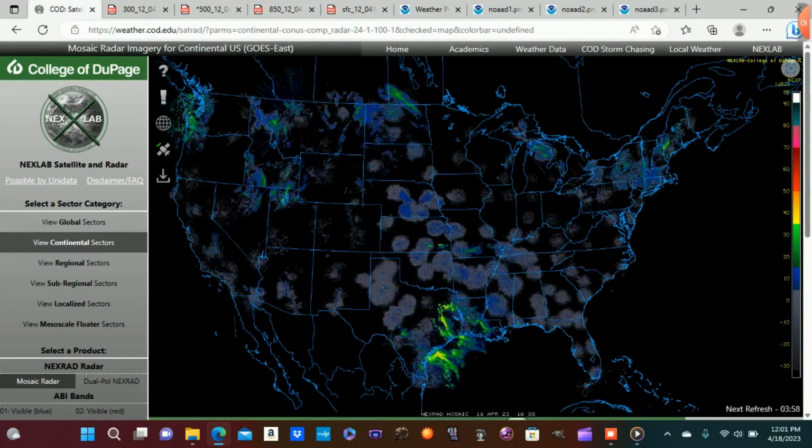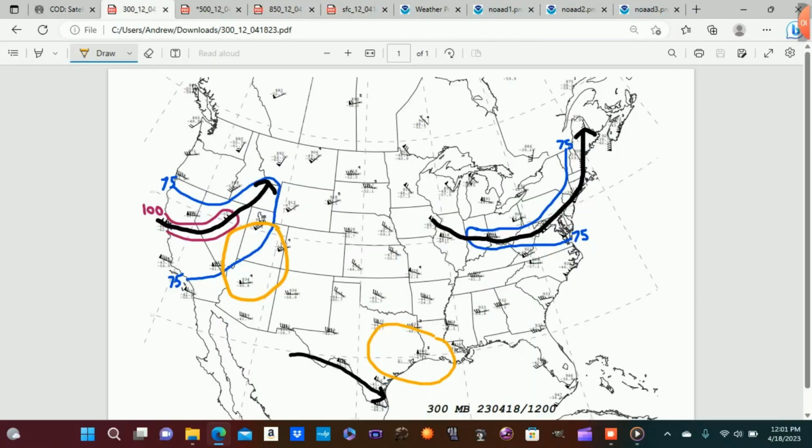And so next, moving to our upper air charts, we're going to start with the upper atmosphere this morning and move down to the surface. Starting at 300 millibars, we're looking for the upper level jet and where there's diffluence aloft, which is the spreading apart of our wind vectors.